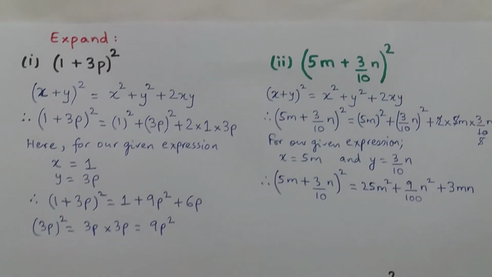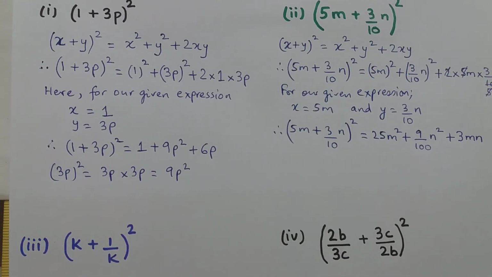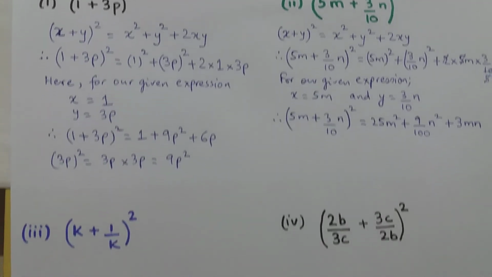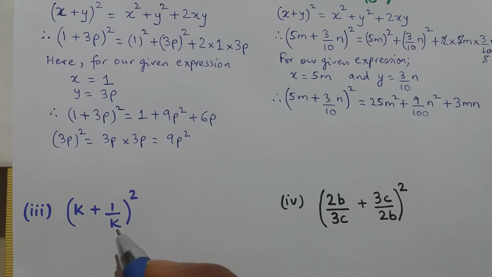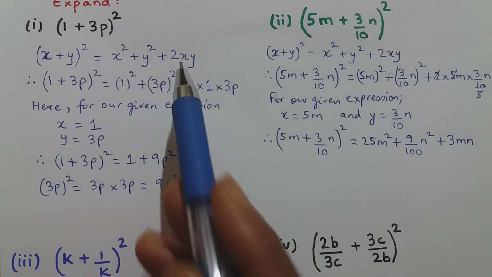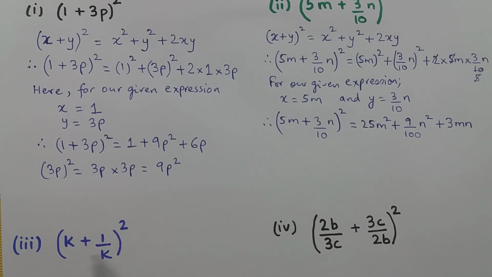Now let us go to question number 3. Question number 3 is: expand (k plus 1 by k) whole square. So we have to expand the expression (k plus 1 by k) whole square. Here also I am going to use the same algebraic identity in order to expand our given expression.